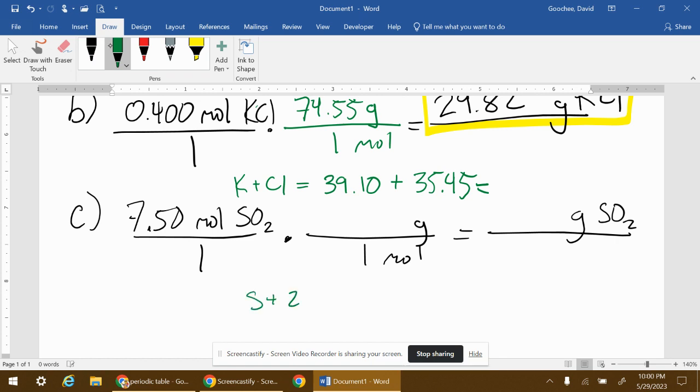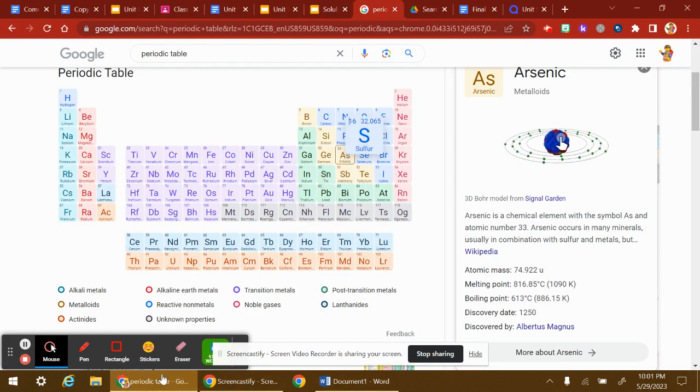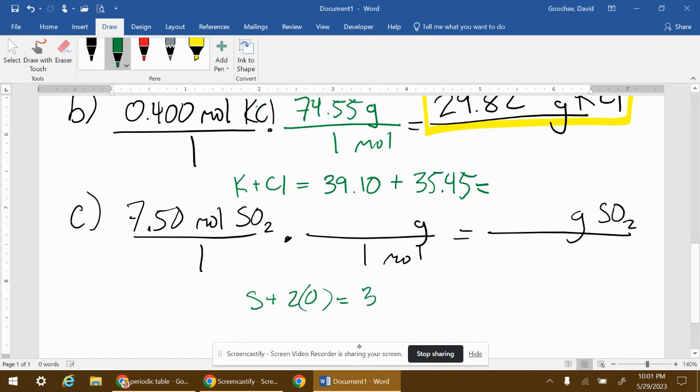S plus 2 O's. So sulfur is 32.07 plus 2 times 16, 32.07 plus 32, which is 64.07 grams per mole.